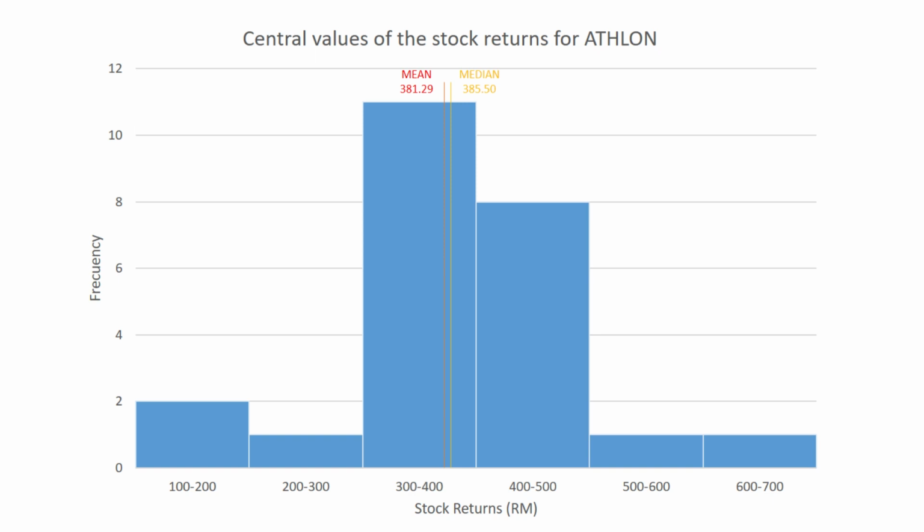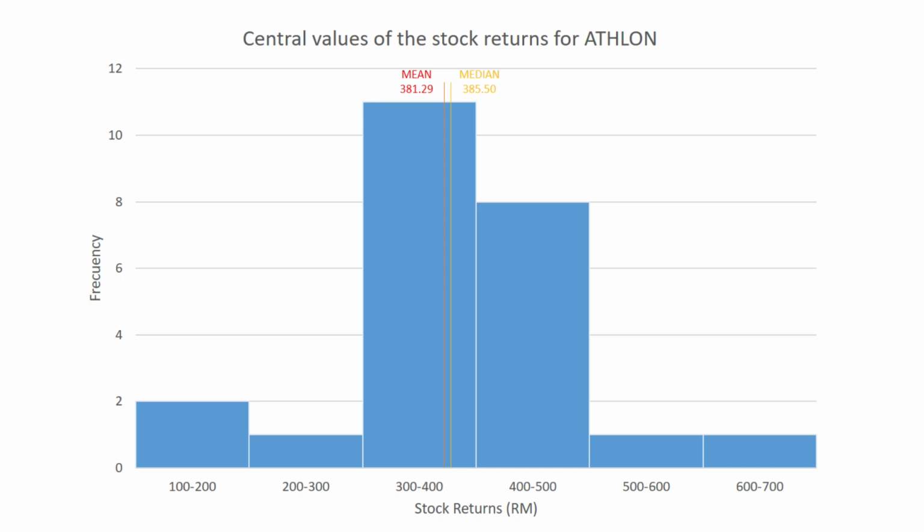This is the graph that shows central values of the stock returns that have been calculated for the Atlant firm. As you can see, the mean for this firm is RM381.29, so it is placed right there in the red line.